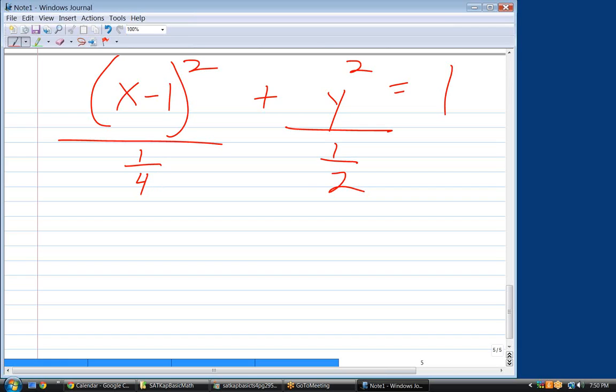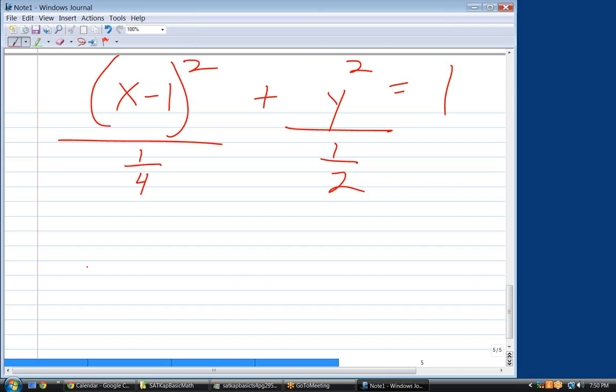Okay, so now, is this vertical or horizontal? What is A and what is B? A squared is 1/2, so A is the square root of 1/2.